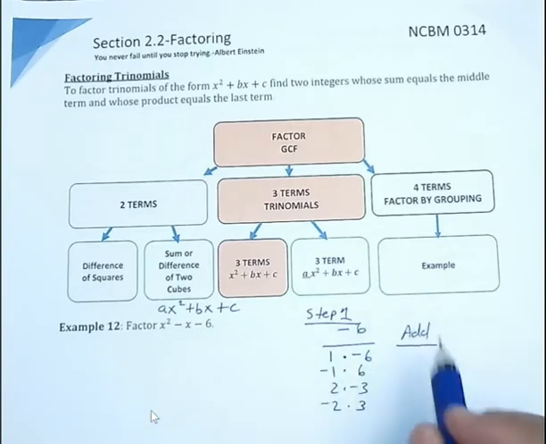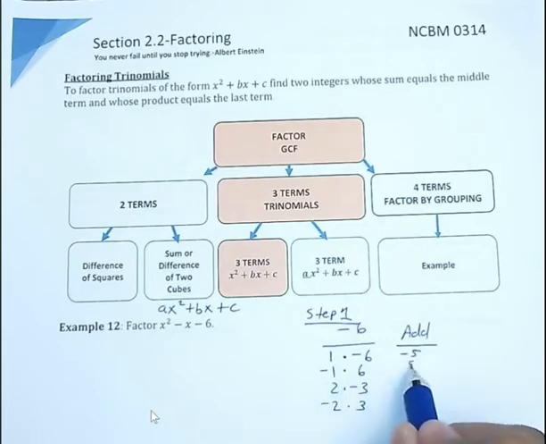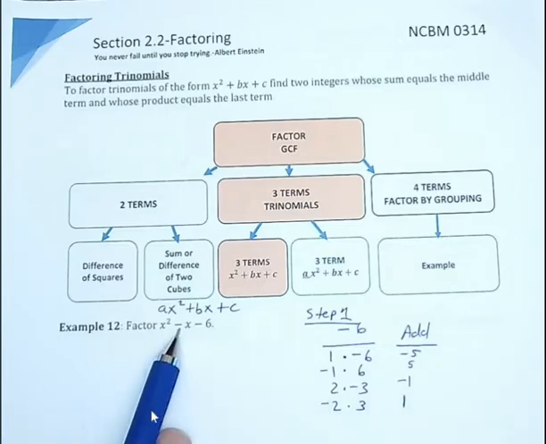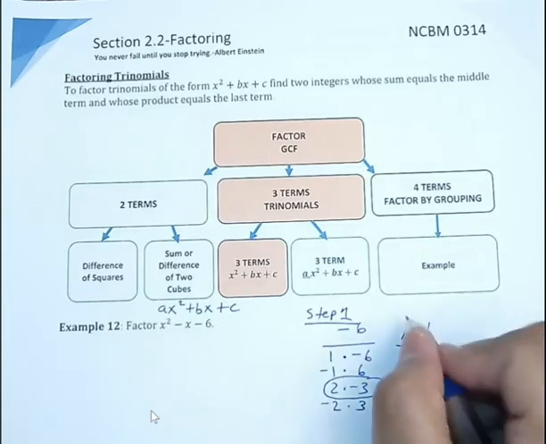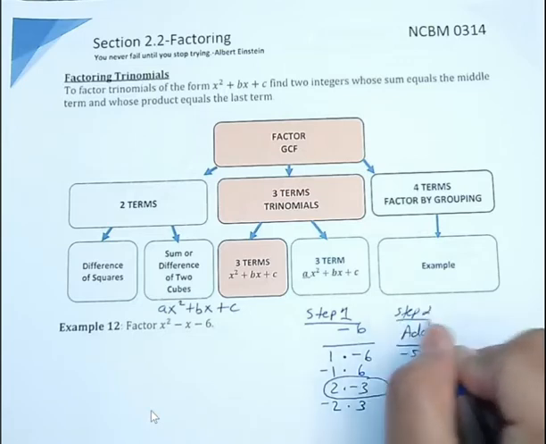So 1 plus -6 is -5, -1 plus 6 is 5, 2 plus -3 is -1, -2 plus 3 is +1. So again, we're interested in a -1. So we can see that the factors 2 and -3 will give me that -1. Okay, so that is step 2.